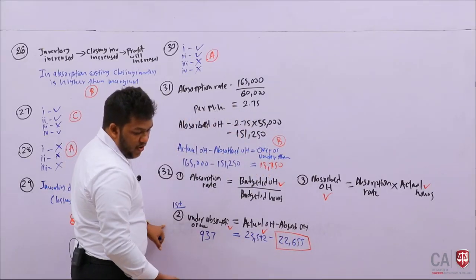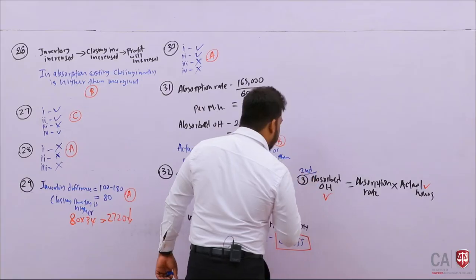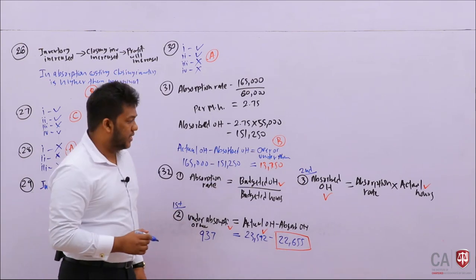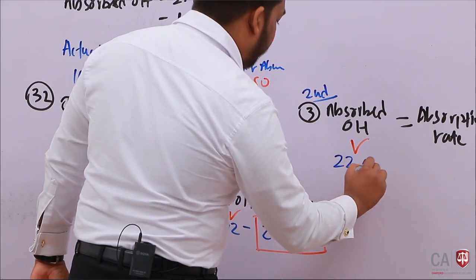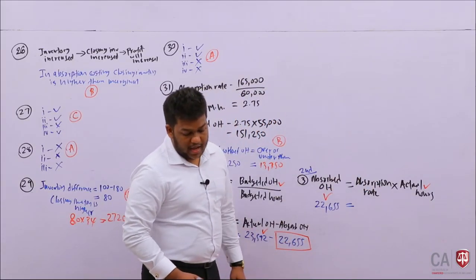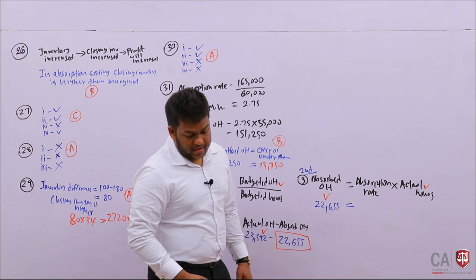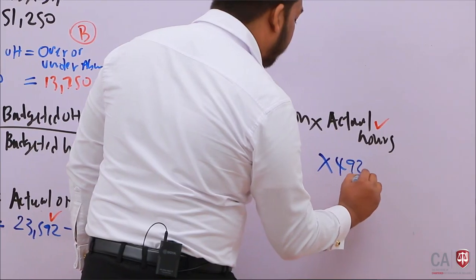After this, you have to do what? Second one, you have to do this. So absorbed overhead 22,655 equals absorption rate into actual hours. Actual hours given, 4,925.